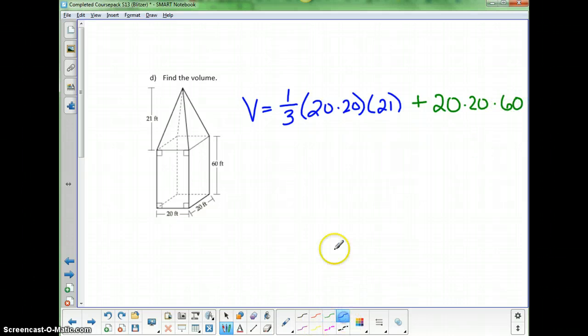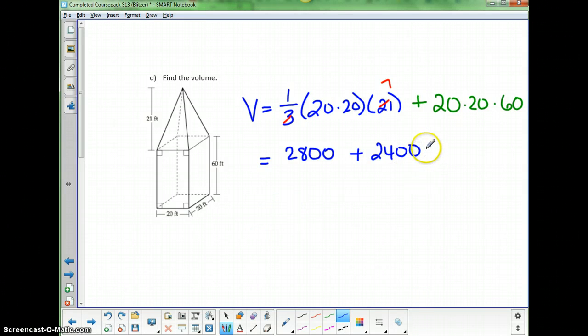So altogether, we can simplify a little bit right here. 3 goes into 21 7 times. So 20 times 20 is 400 times 7 is 2,800. Plus 20 times 20 is 400 times 60 is 2,400.